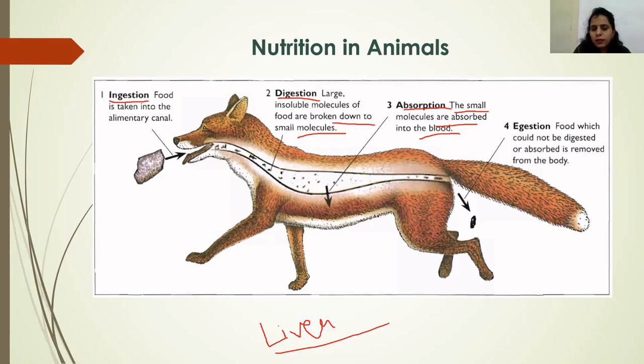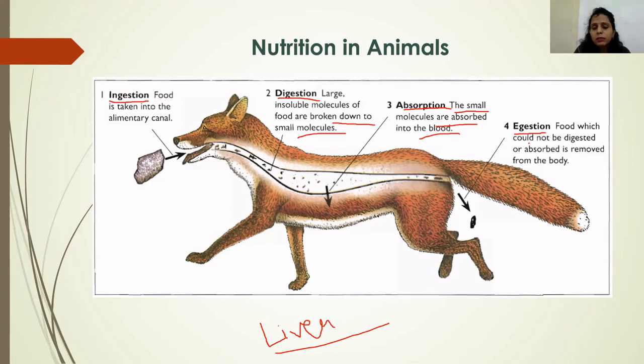The last step, after assimilation, is egestion. Egestion is the process in which food which could not be digested or absorbed by the body is removed. There is a part of food which we get from plant sources, that is fiber or roughage. This we have studied in earlier videos.